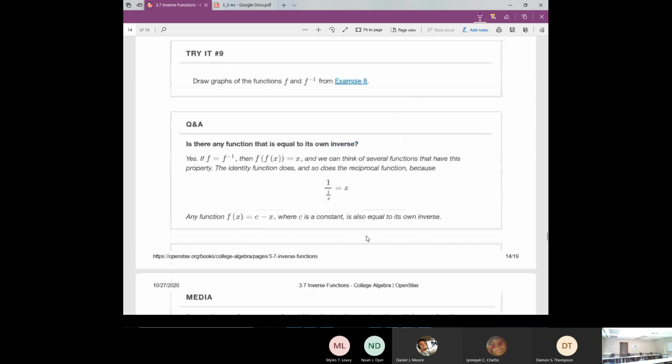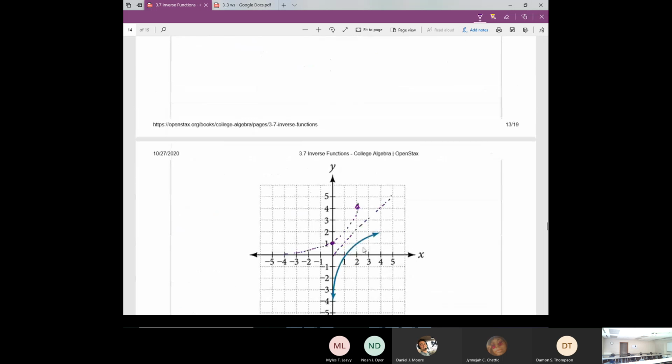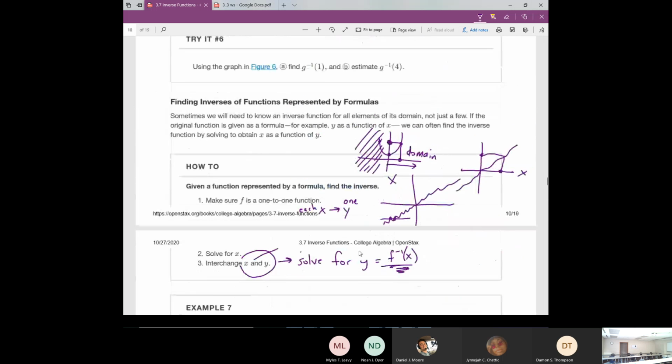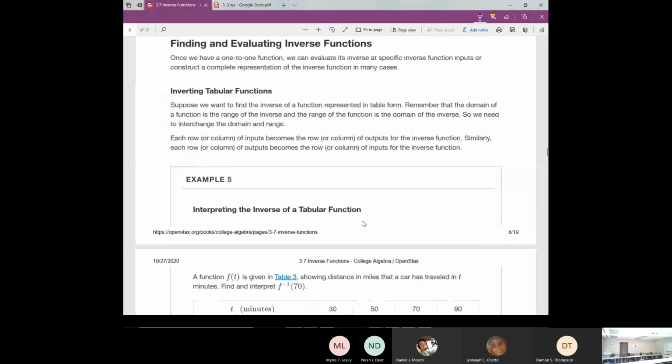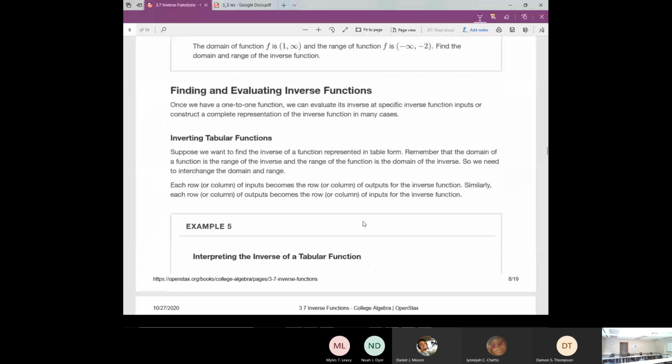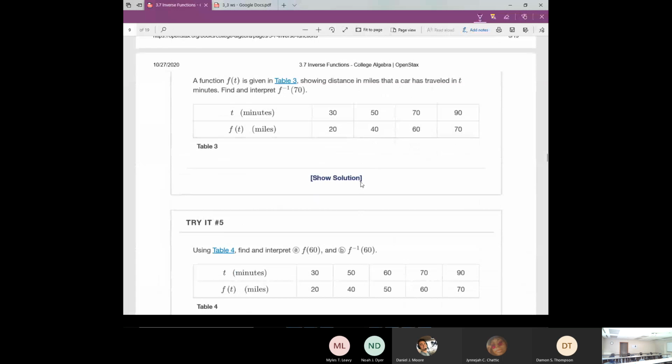You can go back towards the top of the chapter. Yeah, let's go back to the top now. And let's think about the tabular view of this. If I have a table of numbers, given an input t, I have some result.